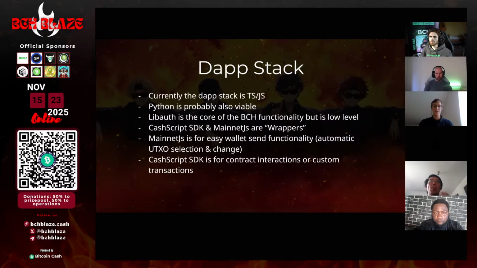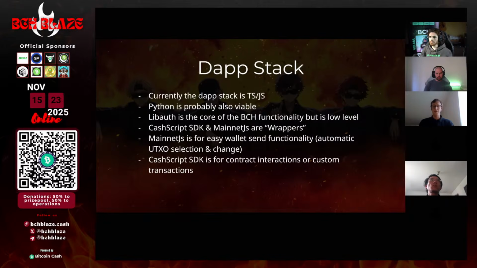As I mentioned, libauth is the core of this JavaScript functionality, and you can see CashScript SDK and mainnet.js as wrappers. Lastly, the CashScript SDK is very handy for contract interaction, so smart contract interaction, or just custom transactions where you do something special.